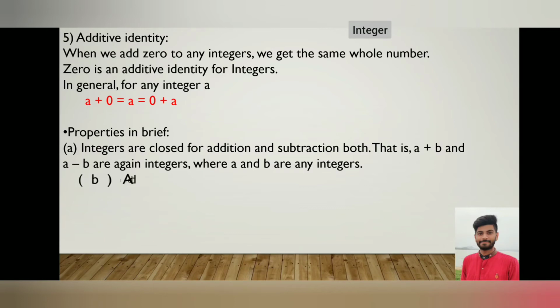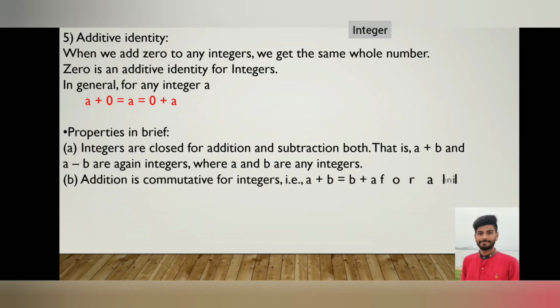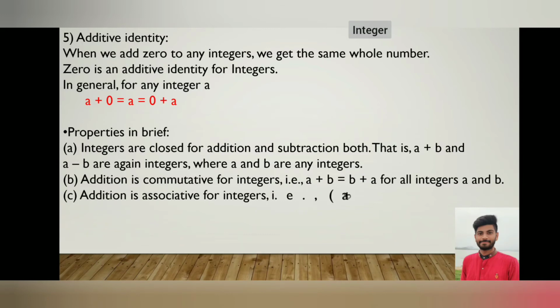Next, addition is commutative for integers, that is, a plus b is equal to b plus a for all integers a and b. Third property, addition is associative for integers. For example, a plus b plus c: if we add a and b first, or if we add b and c first, we get the same answer. So addition is associative for integers.